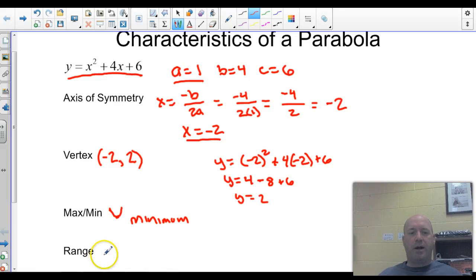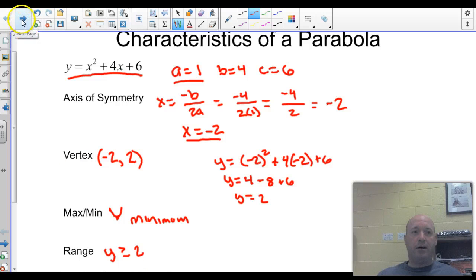Okay, and then we talk about the range, and the range tells us about all the y values, and I know if the minimum y value is 2, that all the other y values have to be greater than or equal to 2. And the way I think about this to determine if greater than or equal to, if the parabola opens up, y must be greater than the lowest value. If the parabola opens down, y must be less than the lower value.